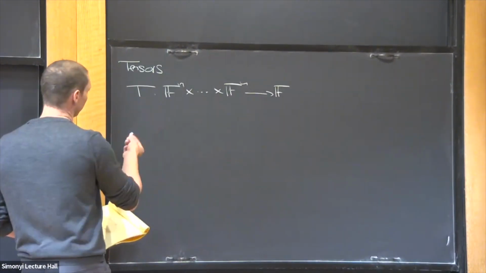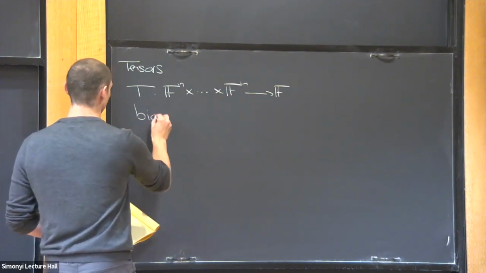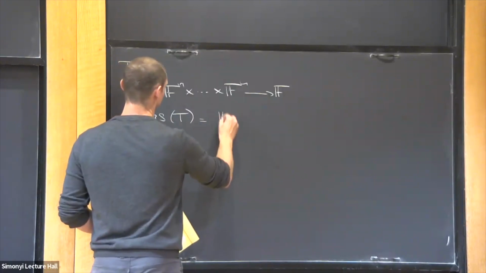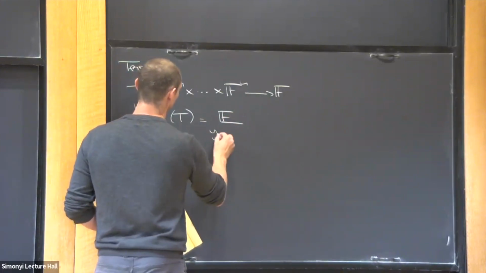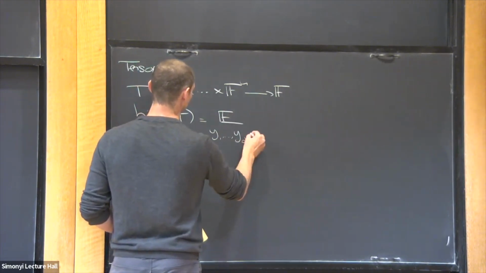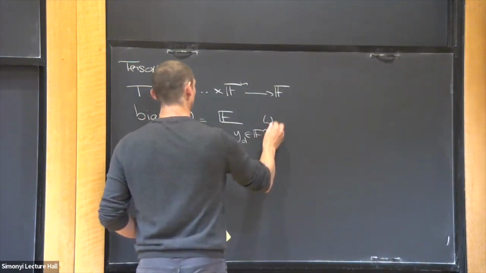And the analytic rank of tensors, as it was defined previously, is based on a notion of bias. So the bias of this tensor is simply the expectation over independent, uniformly distributed random vectors y1 up to yd of omega to the t evaluated at y1 up to yd.